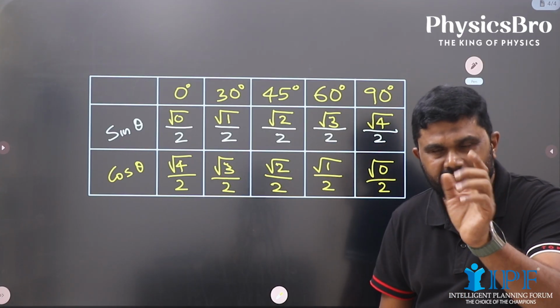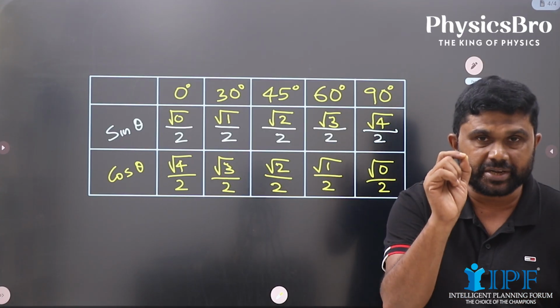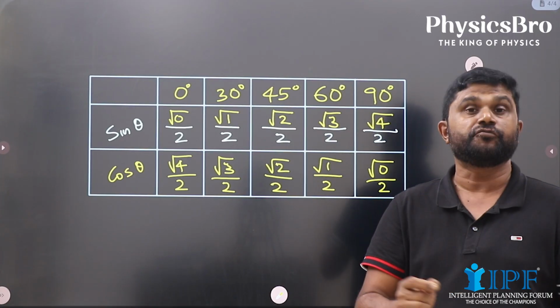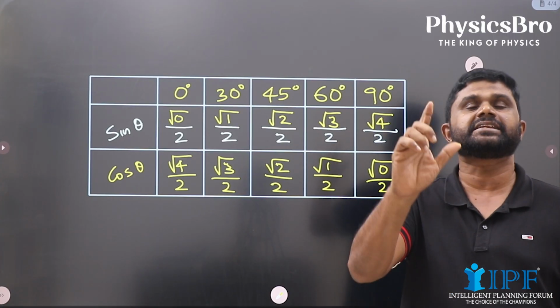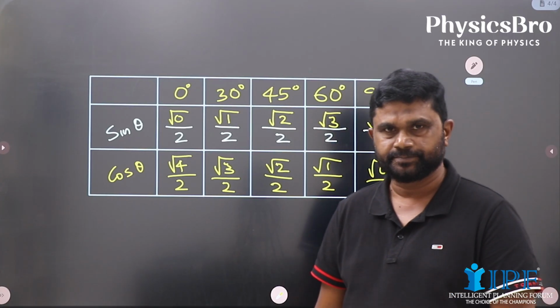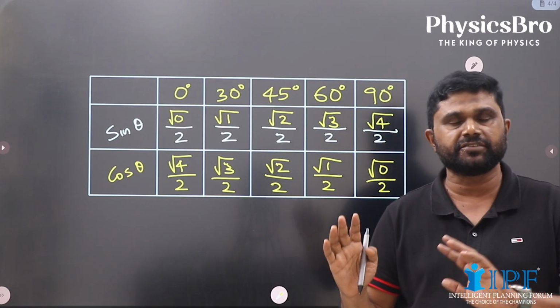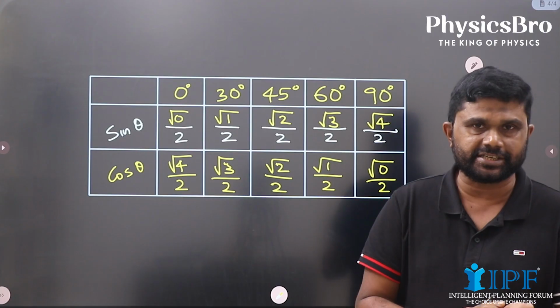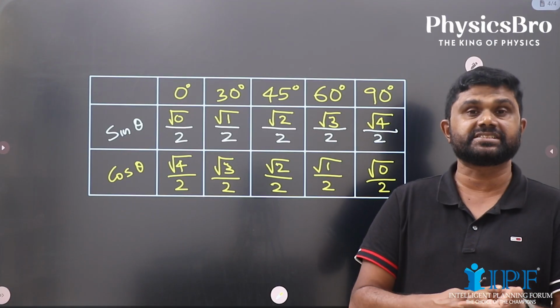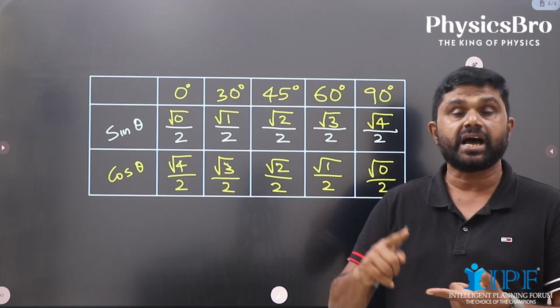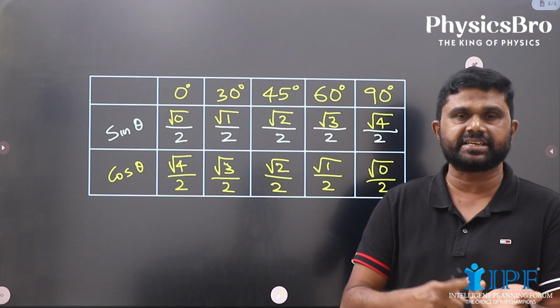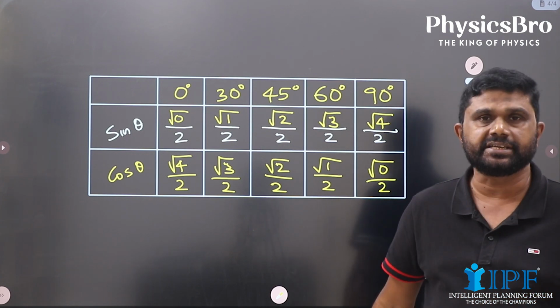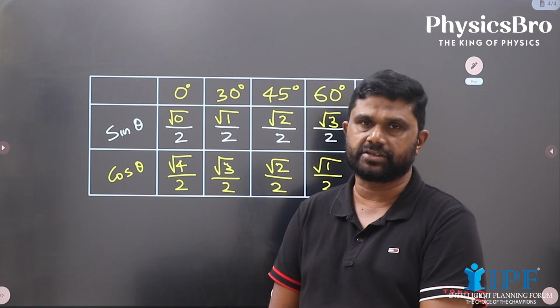Children, not only the cosine function, all trigonometric functions starting with C will decrease as theta increases from 0 to 90 degree. See, trigonometric functions starting with C means cosine theta, cosecant theta and cot theta, will decrease as theta increases. The other three functions, means sine theta, secant theta and tan theta, will increase as theta increases.